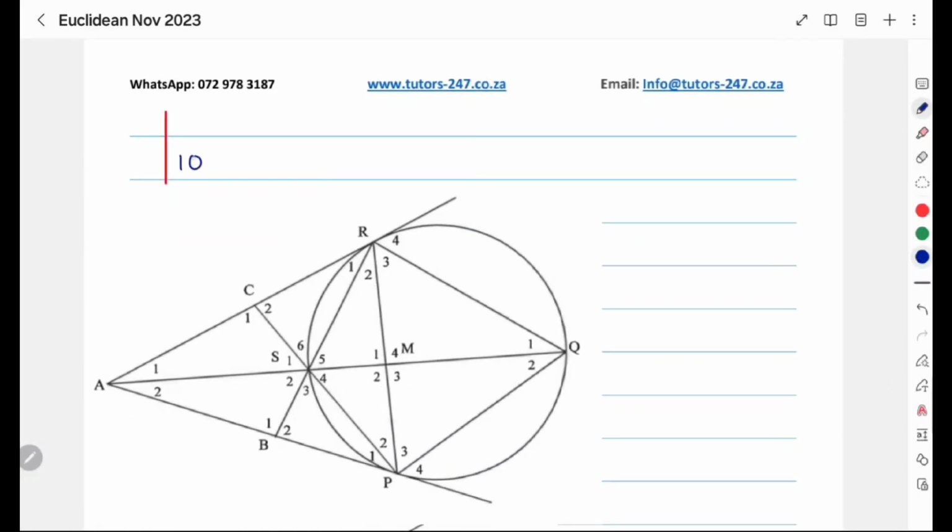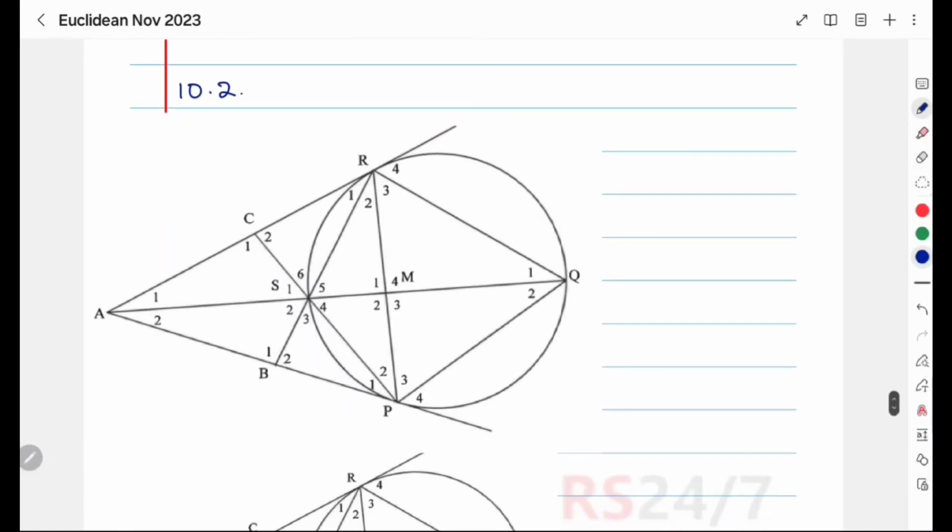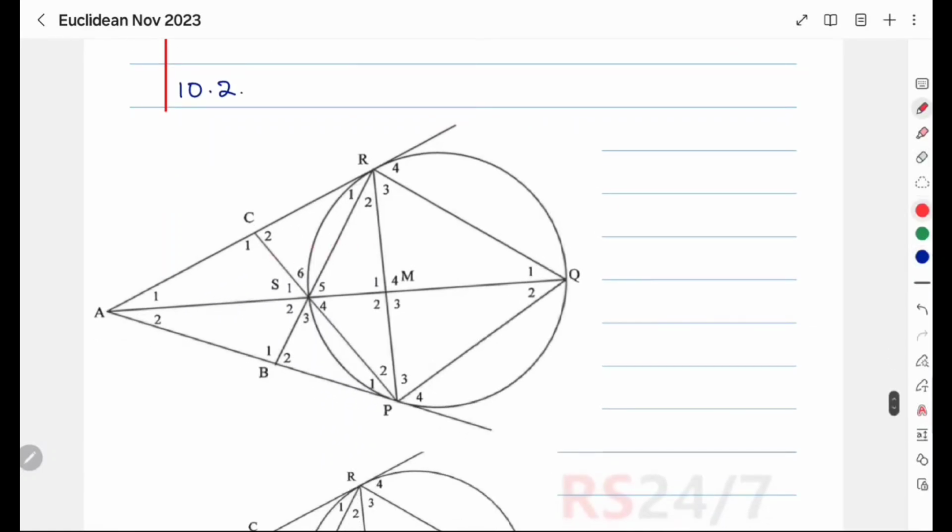So question 10.2, let us highlight this quad. It is SMRC. And please take note that it has the exterior angle S4.